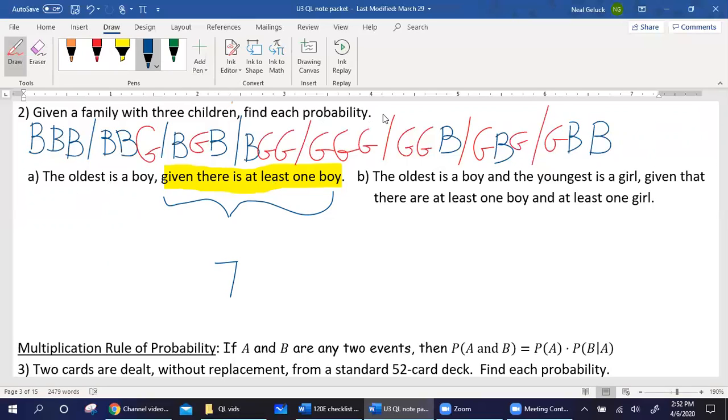How many of what's left over has the oldest being a boy? Well, that would be basically the first 4. 1, 2, 3, 4. The first 4 possible outcomes. So there's a 4 out of 7 chance that the oldest would be a boy, given that at least one is a boy.